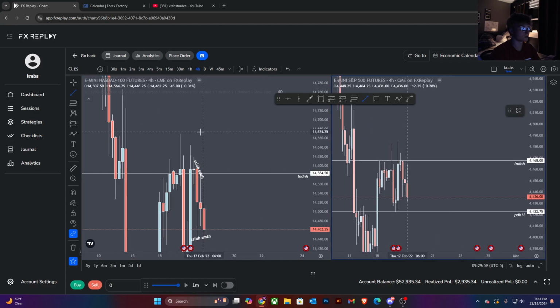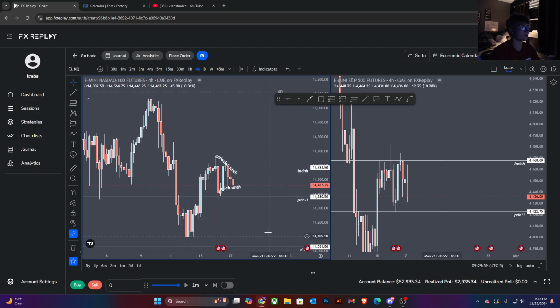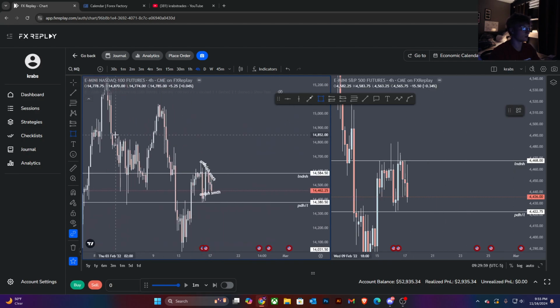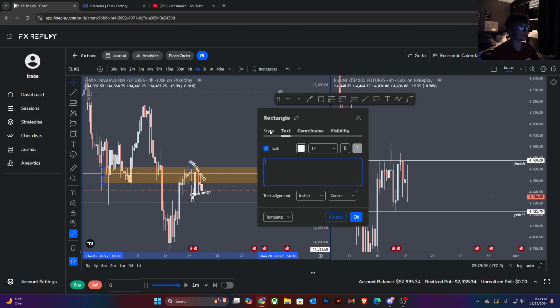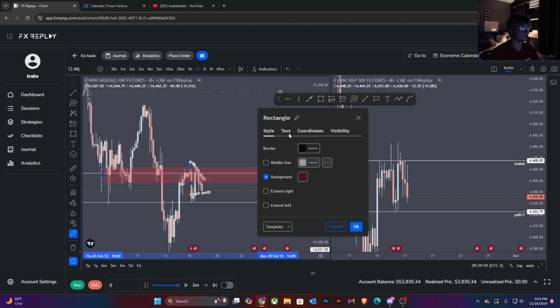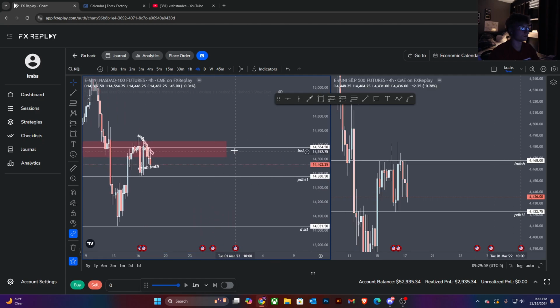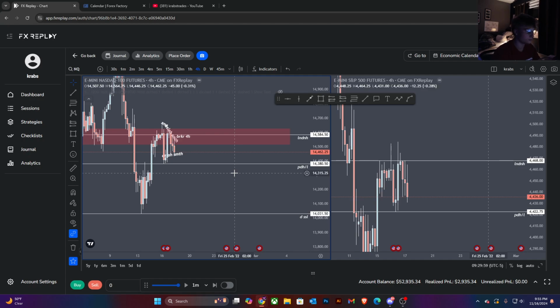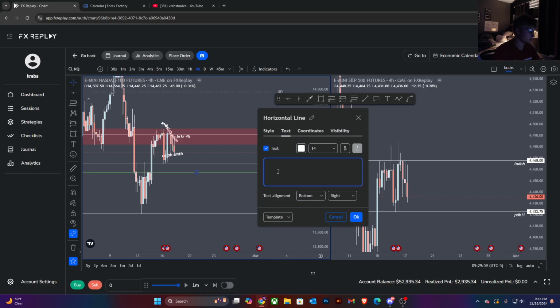Pretty clear. Also this nice SMT at this high, which was also rejecting this breaker block here. Still rejecting that breaker on the 4 hour. So yeah, markup. Order block here, just gonna keep it in mind.